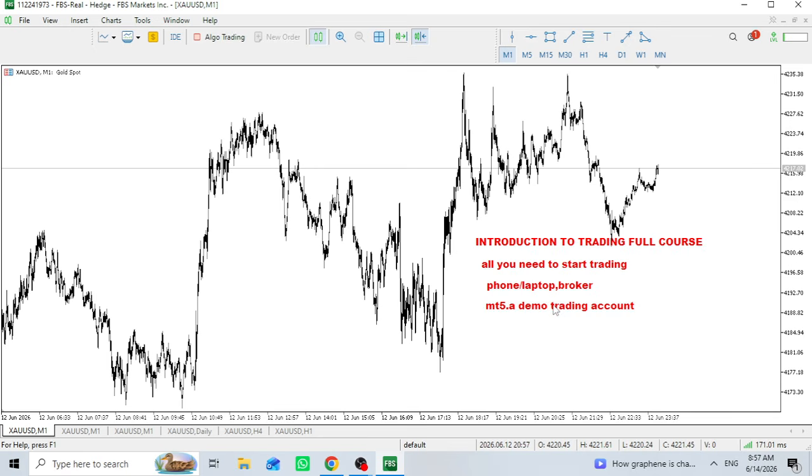If you are in Kenya, your broker should be licensed by the CMA.